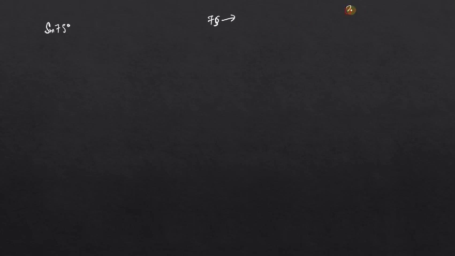For example 30, 45, 60, 90, those angles, 15 and so on. So you have to express the angle that you are given here in terms of two of these together. We realize that 75 is 30 plus 45.